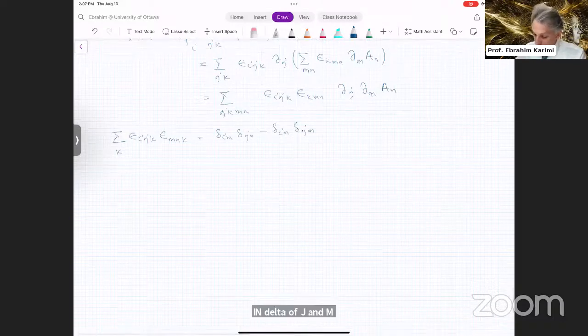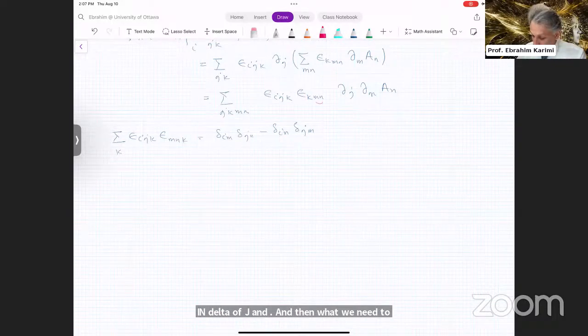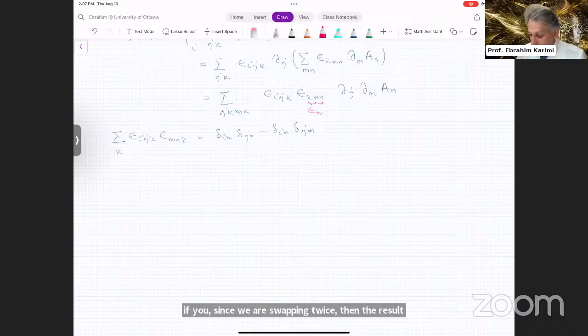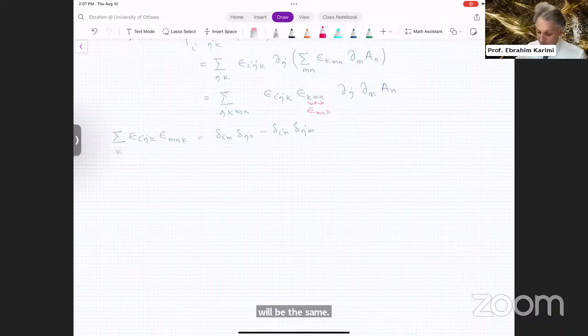And then what we need to do, we need to swap these together twice. For each time we have a minus sign, then since we are swapping twice, the result will be the same. So it will be m, n, and k with a positive sign.